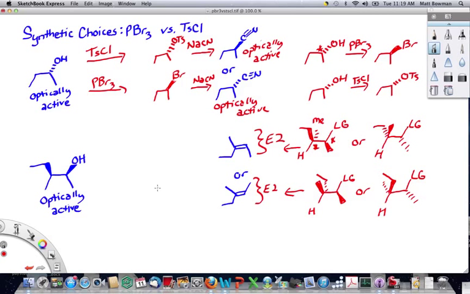And the nice part about this is if we use this optically active alcohol, we can generate either of these two situations using Tosyl chloride or PBr3. First thing we need to do is redraw this.